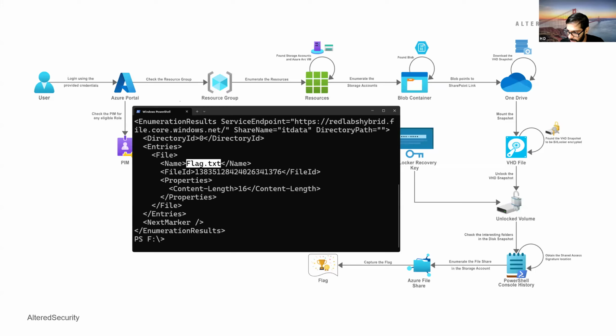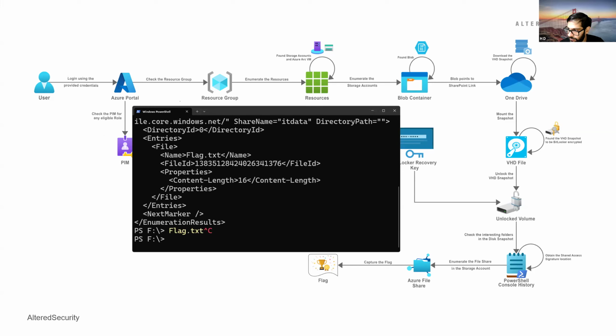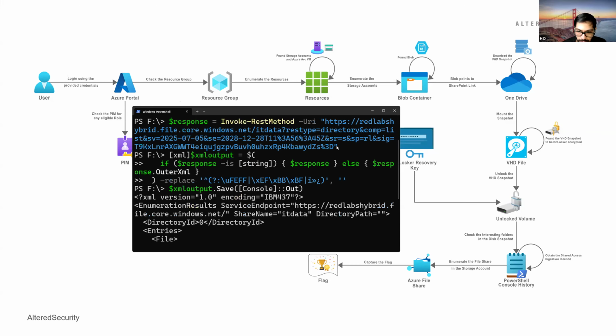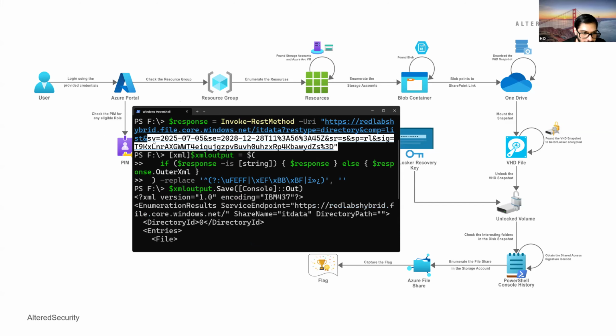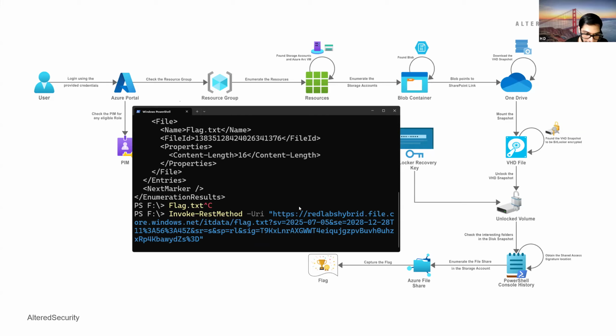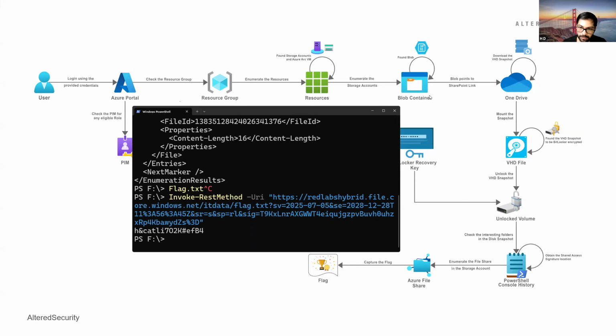So I will use another PowerShell command, which is the base URI, the file name, and then I will put a question mark and copy the SaaS URI, which starts from SV. And now if I do this, I get the flag value.